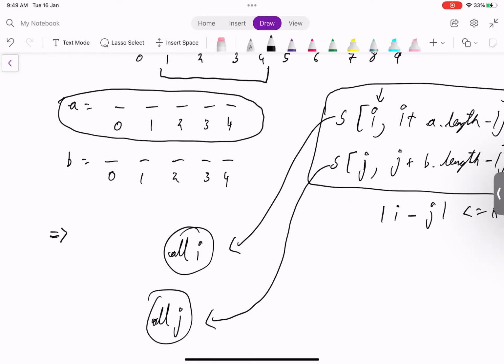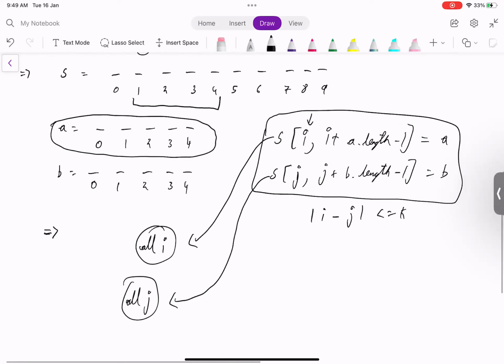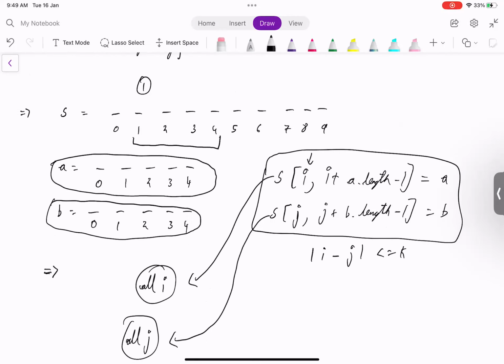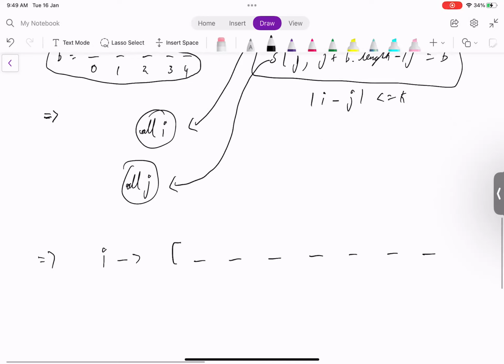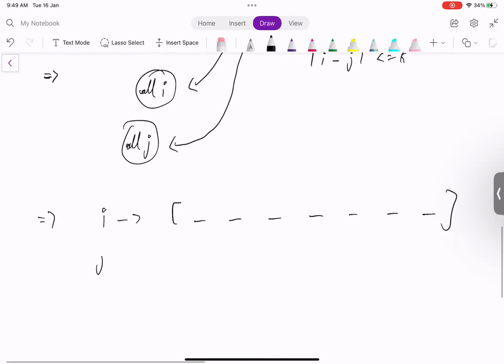So even for J's, use any string matching algorithm, and now the pattern is B for us. Using B, find out the start indices of the substrings which are equal to B in S, and let's say we got all such indices. Now basically we have all I indices, right? We came down to a simple problem, that is we deduced all I and J indices.